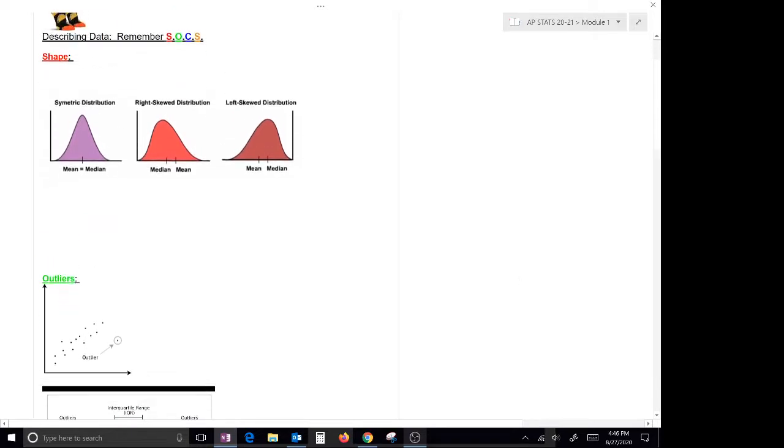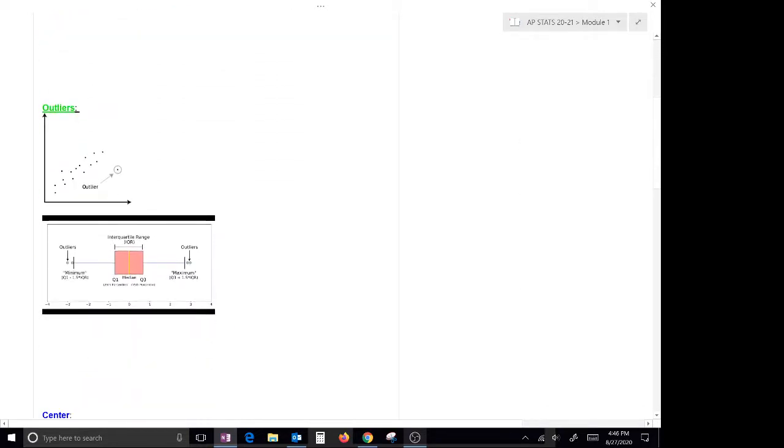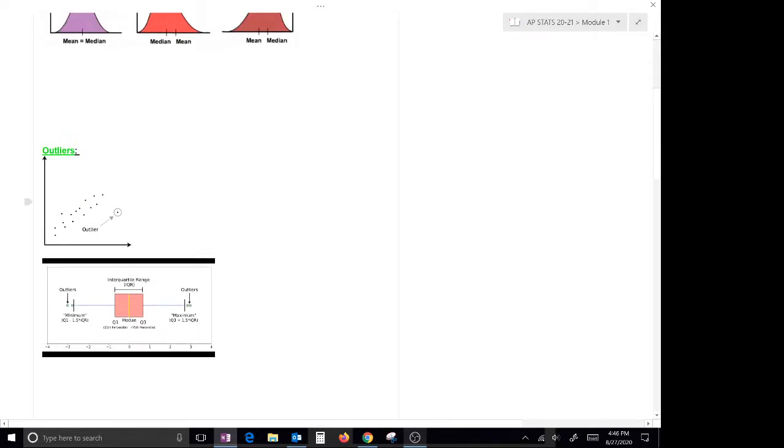So that's S. O stands for outliers. A lot of times if we're taking data, an outlier is something that just doesn't quite fit. Everything else seems to fit into a pattern, and then an outlier is out there on its own.